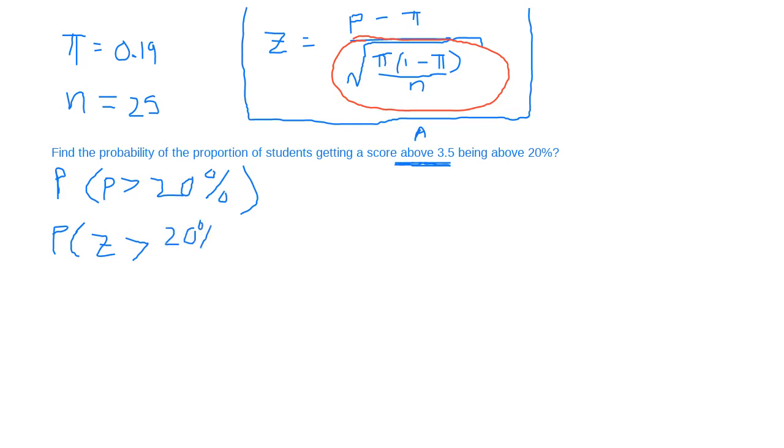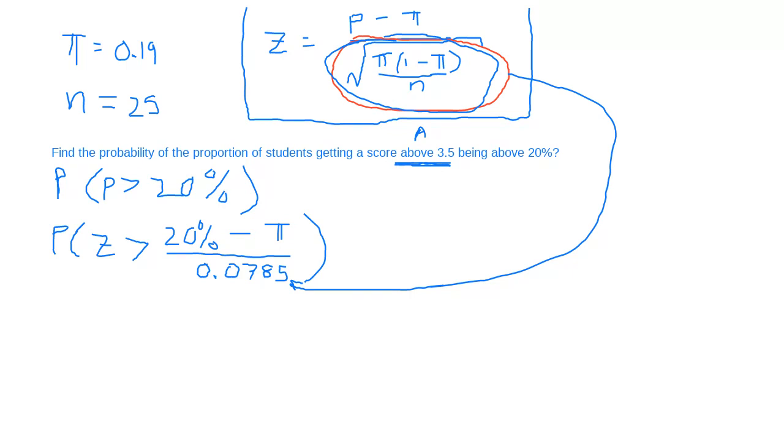we are going to subtract pi from it, and then divide by the standard error. We're going to divide this whole thing here. But we know what this is. We worked it out in the poll. It is about 0.0785. Instead of writing the whole thing out, this is easier: 0.0785. Everyone with me? This whole thing in red, as we did in the poll, is 0.0785. And we know what pi is.